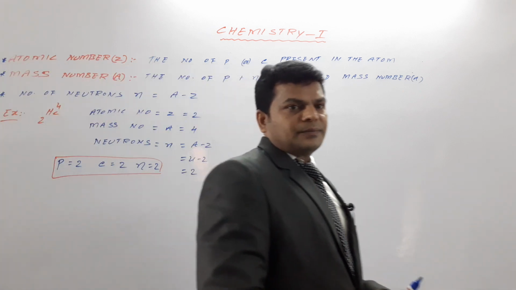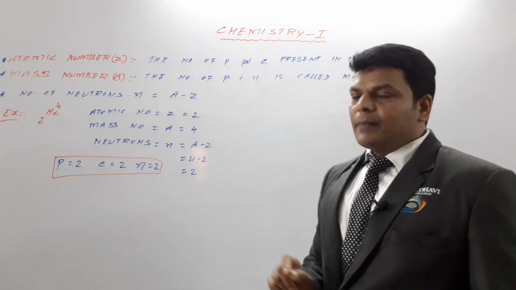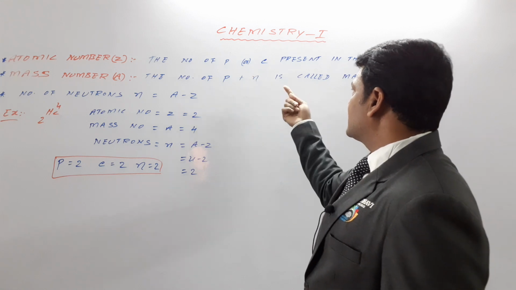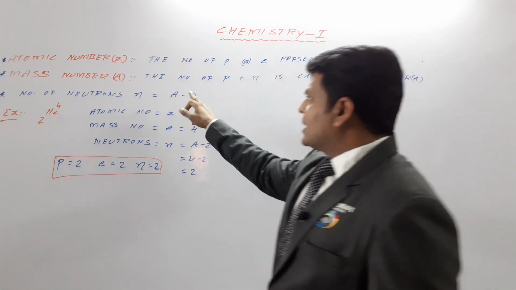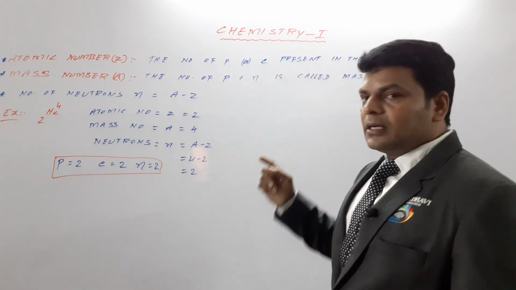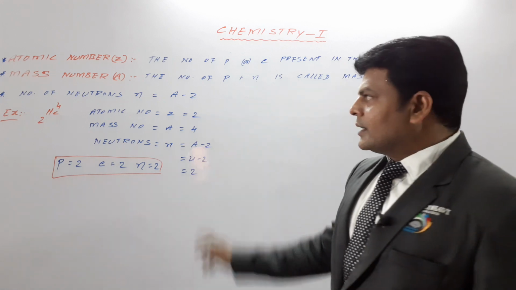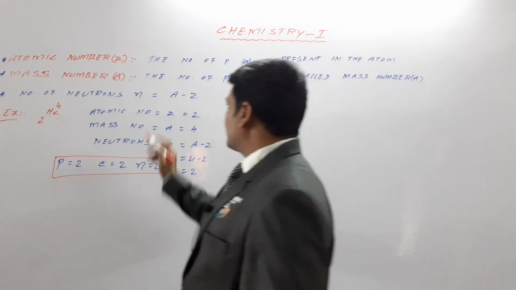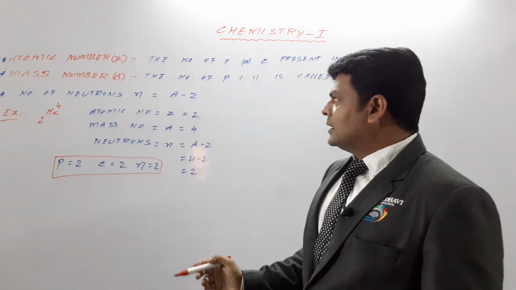What I mean to say is, according to Rutherford, atomic number Z is defined as the number of protons or the number of electrons present in the atom. Mass number A is defined as the number of protons plus the number of neutrons. The number of neutrons N equals A minus Z, where A is the mass number and Z is the atomic number.